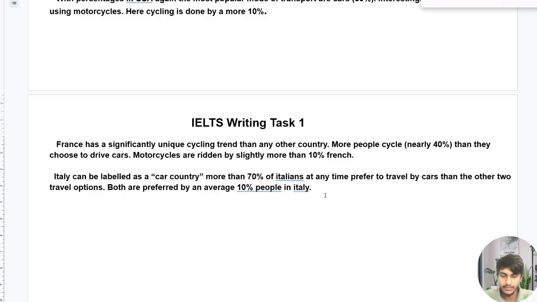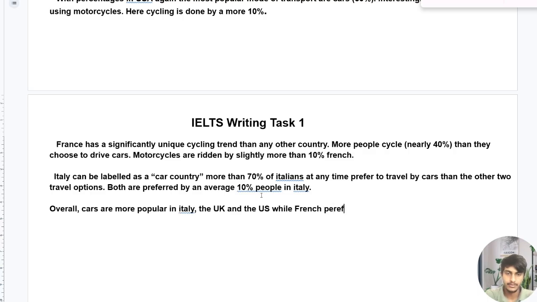Overall, cars are more popular in Italy, the UK and the US, while the French prefer to ride in all countries except the United States.